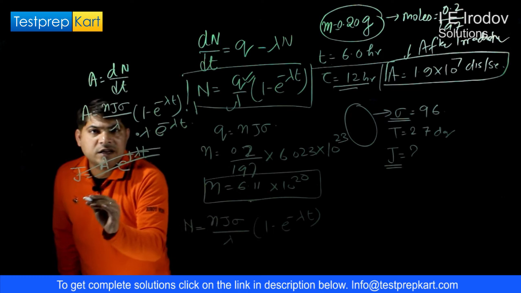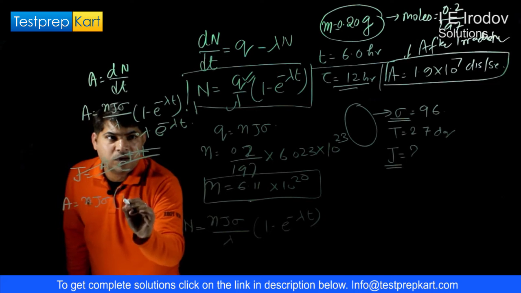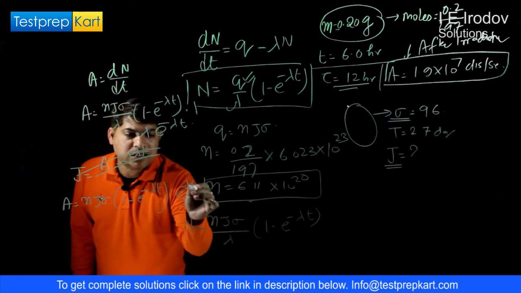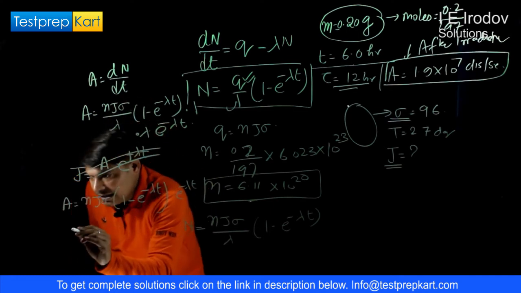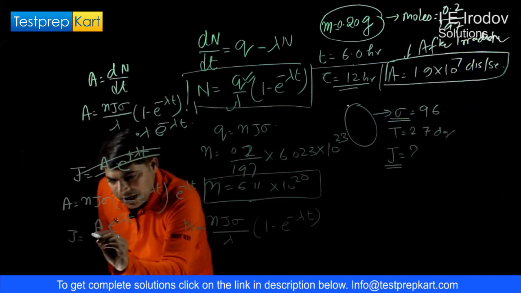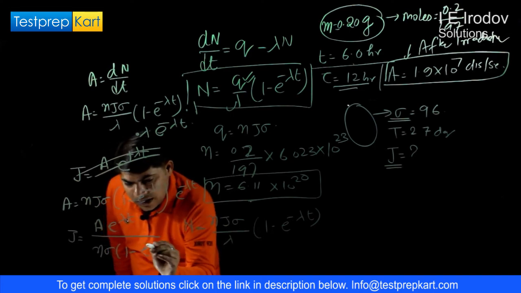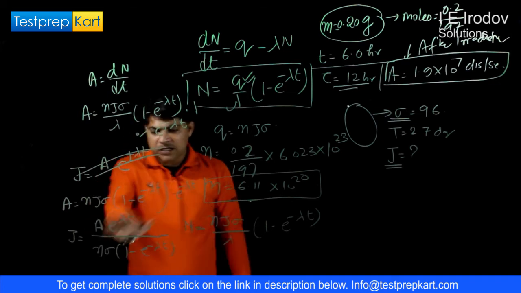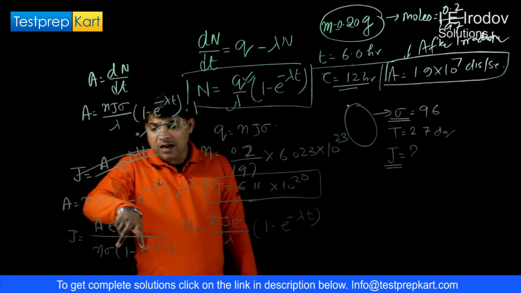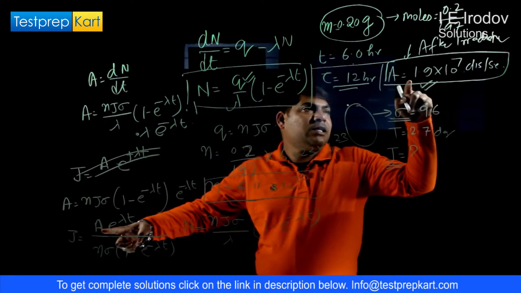So A equals n j sigma times (1 minus e to the power minus lambda t) times e to the power minus lambda tau. If we rearrange this expression, we get j equals A times e to the power lambda tau divided by n sigma times (1 minus e to the power minus lambda t). Just simple mathematics.